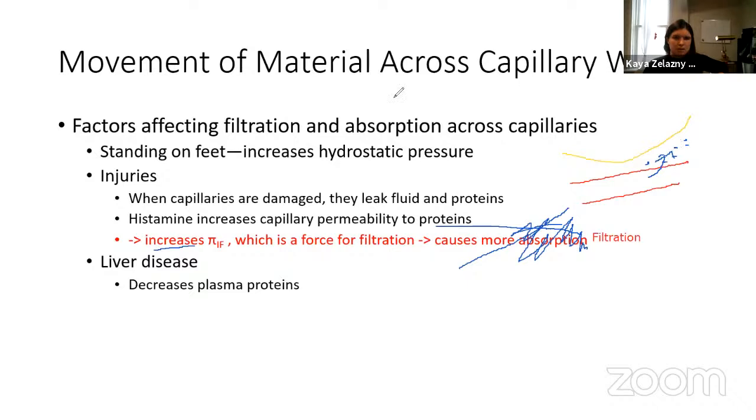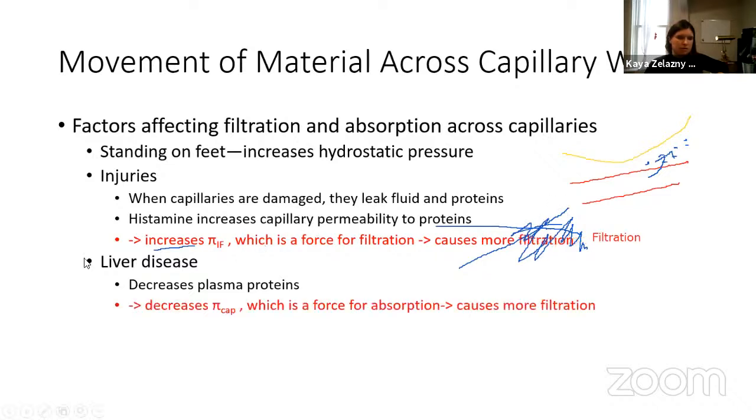Okay. So the second example is liver disease. One of the things liver disease can do is decrease the plasma proteins. When we have a decrease in plasma proteins, so fewer proteins in the blood, we're having a decrease in the osmotic pressure of the capillary.